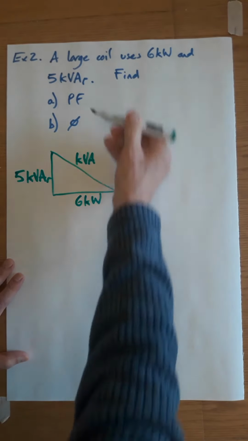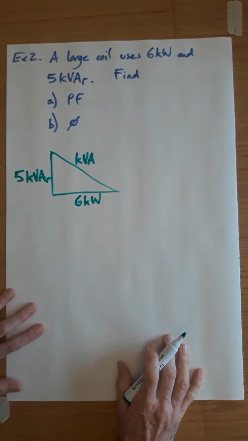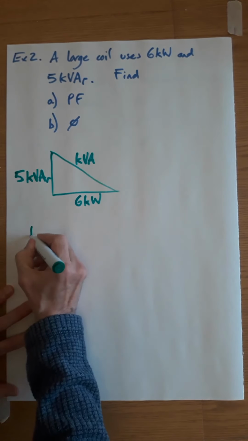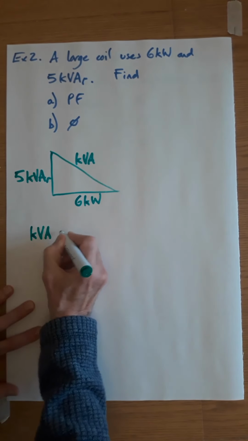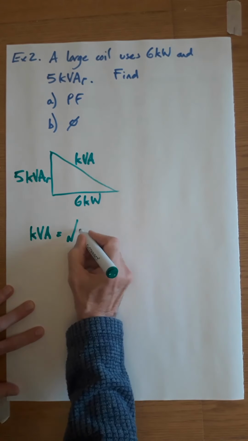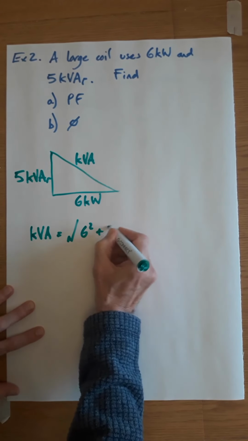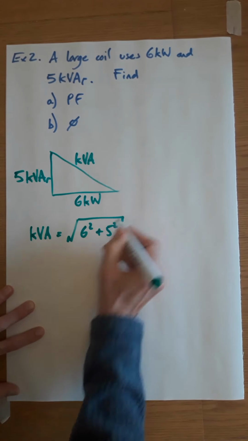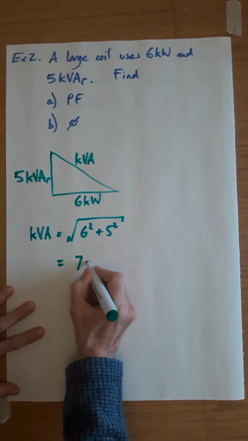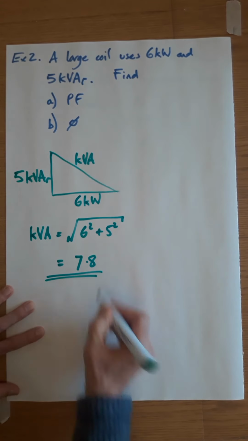So the question asks, find the power factor. Well, that means your first step is to find kVA. And it's Pythagoras, the square root of 6 squared plus 5 squared. And that should come to 7.8. So that's kVA.